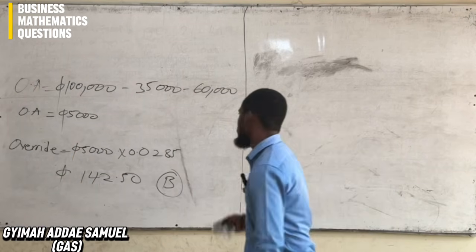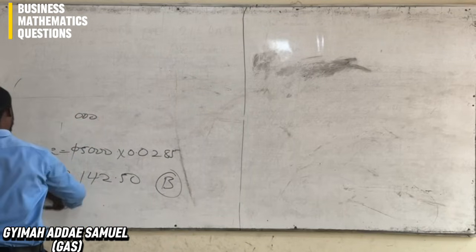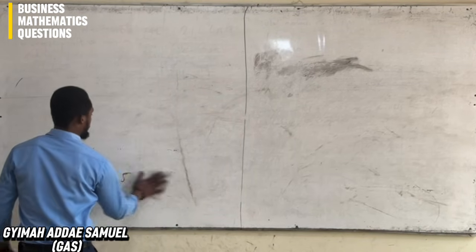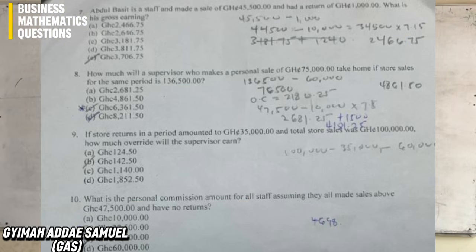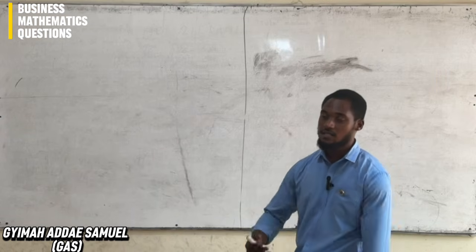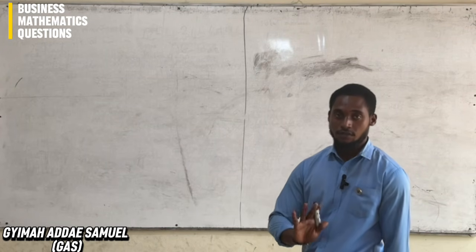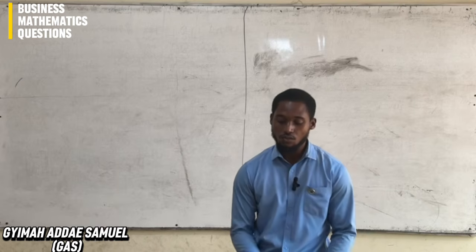We proceed to question 10. So now with question 10, it says, what is the personal commission amount for all staff assuming they all made sales above 47,500? So as I told you, if the sales exceed 47,500, when you are calculating the commission amount, you stick to the 47,500 and you subtract the quota from it.